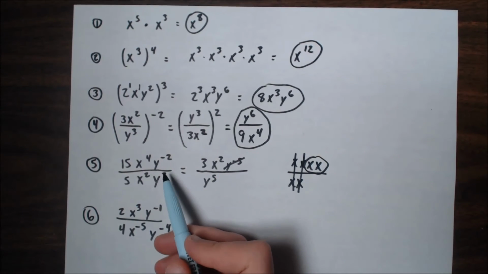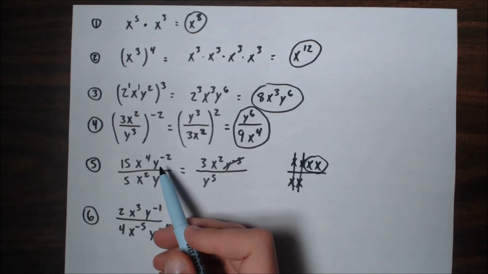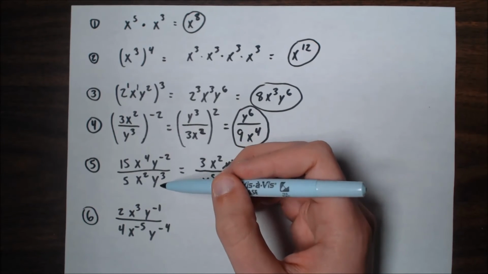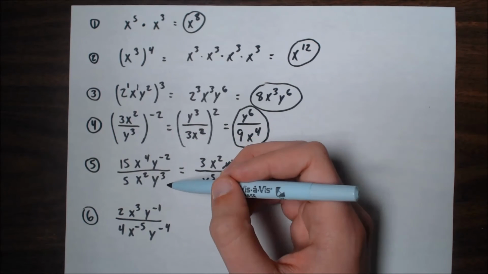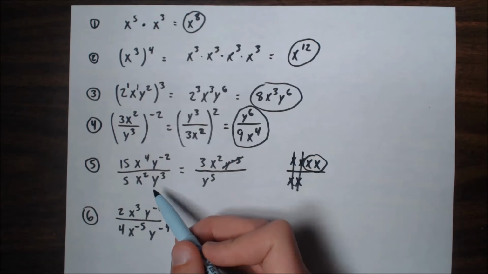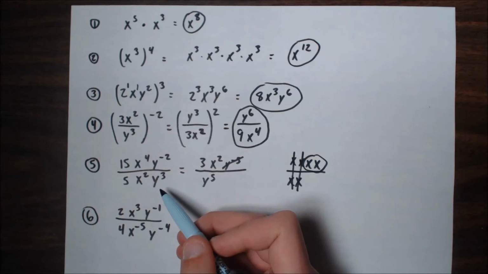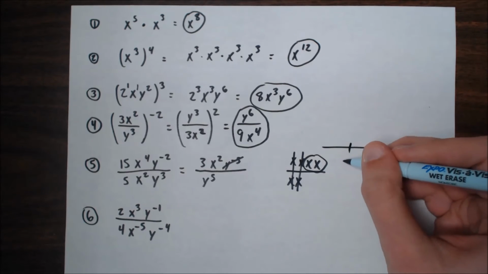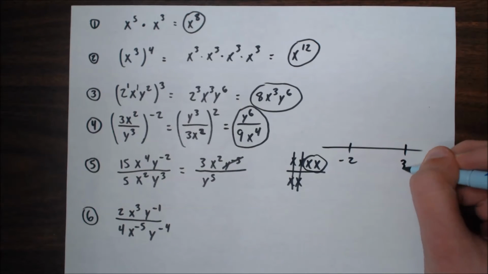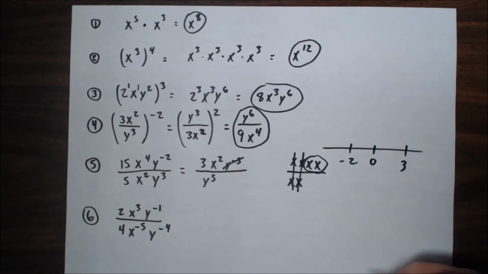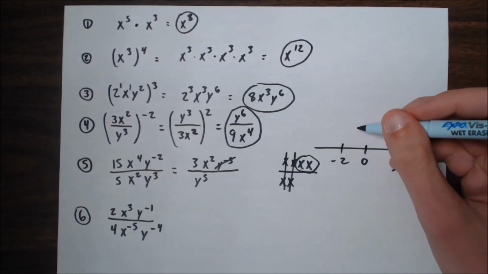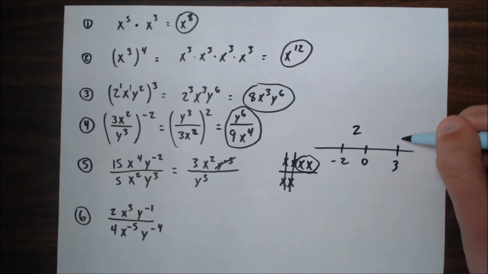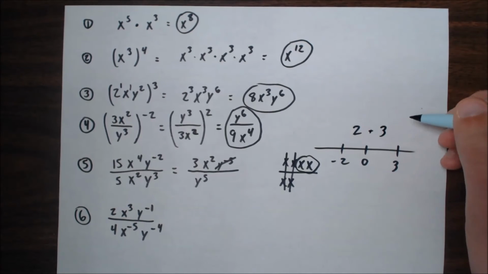Now it's harder to illustrate that with the negatives, but think about it this way. Which one's bigger, 3 or negative 2? 3 is bigger, right? How much bigger is 3? If you were to do a number line with a negative 2 and a positive 3, here's 0 in the middle. The distance between negative 2 and 0 is 2, and the distance between 0 and 3 is 3, and that adds up to 5.